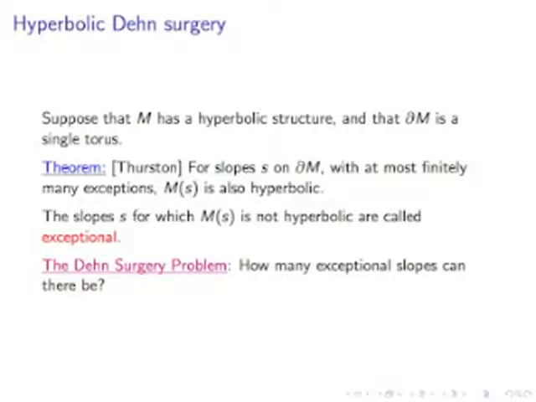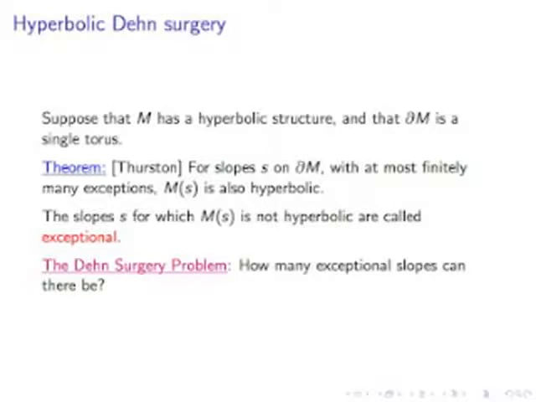So this phenomenon was established by Thurston in his hyperbolic Dehn surgery theorem. And what it says is that if you have a hyperbolic structure on the manifold M that you start with, and just for the sake of being definite, let's suppose it's just got a single toral boundary component, then for all slopes S on the boundary of M, with at most finitely many exceptions, the manifold that you get by Dehn filling is hyperbolic.